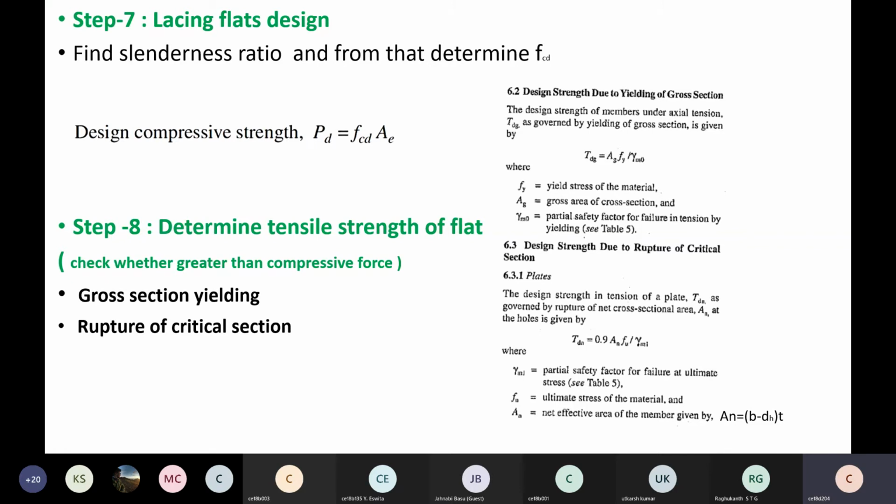Anybody calculated what is FCD? Using same table 9C only you have to calculate.